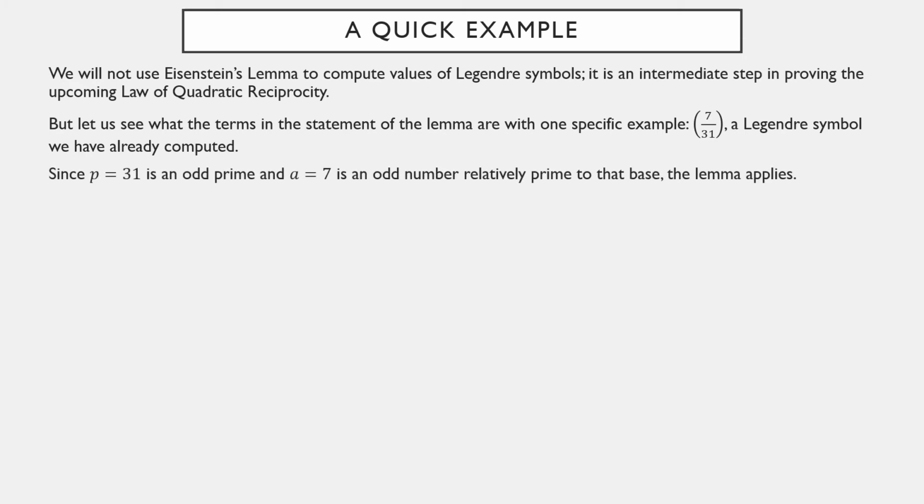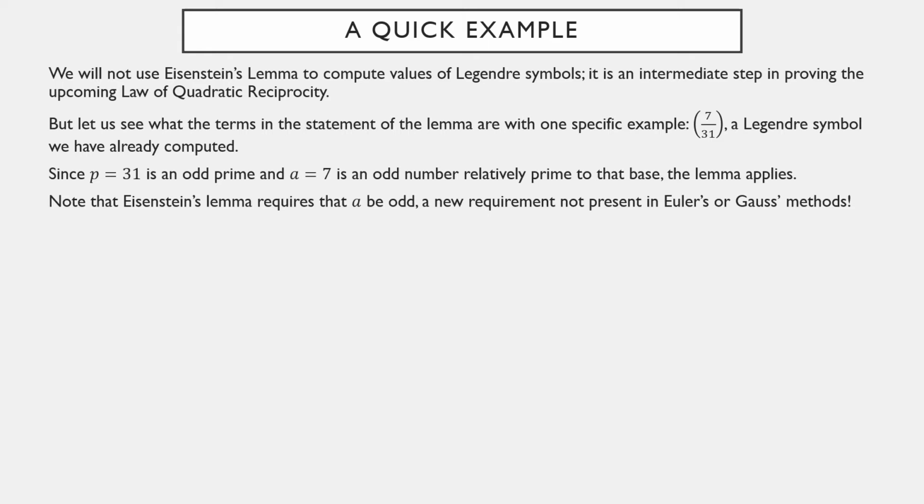Now P is 31, that's an odd prime. A is 7, an odd number that's relatively prime to the base. So the lemma should apply. Note, by the way, Eisenstein's lemma requires that other number A to not just be relatively prime to P, but also be odd. This is a new requirement that was not present in either Euler or Gauss's methods.